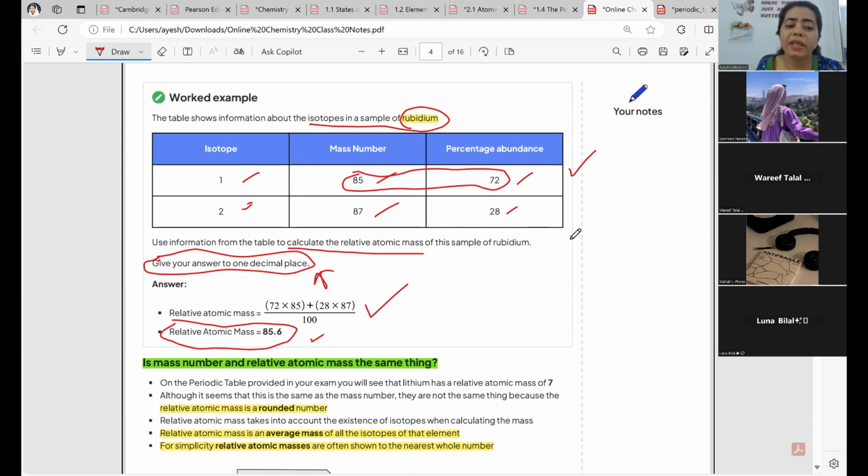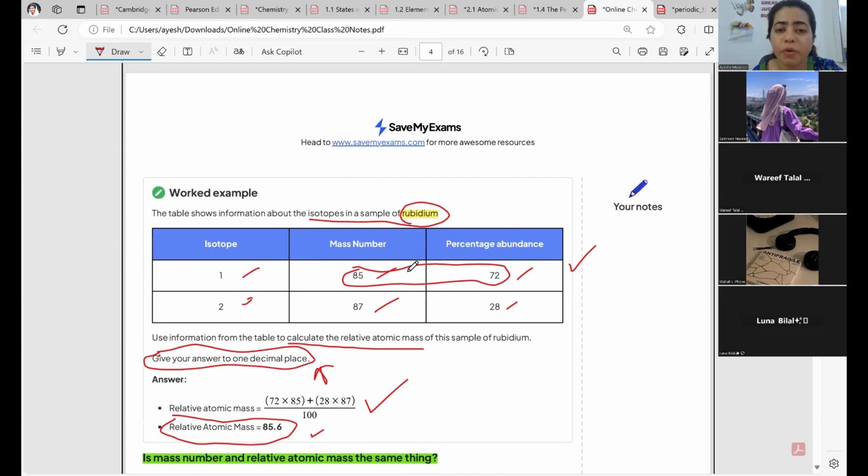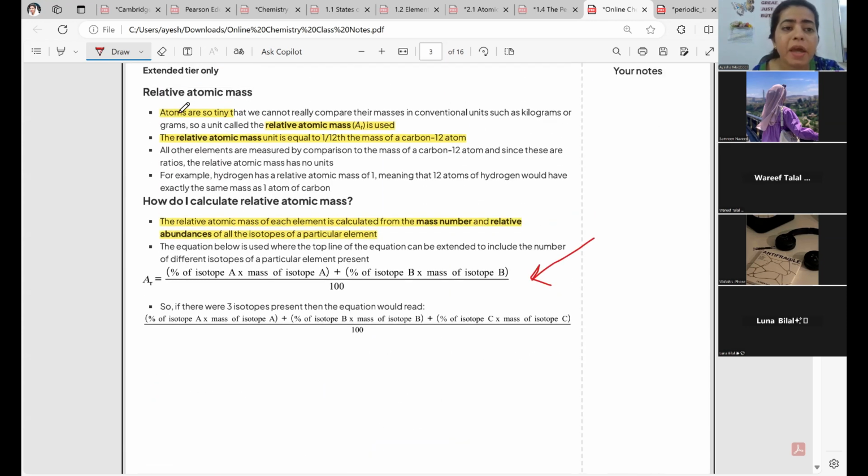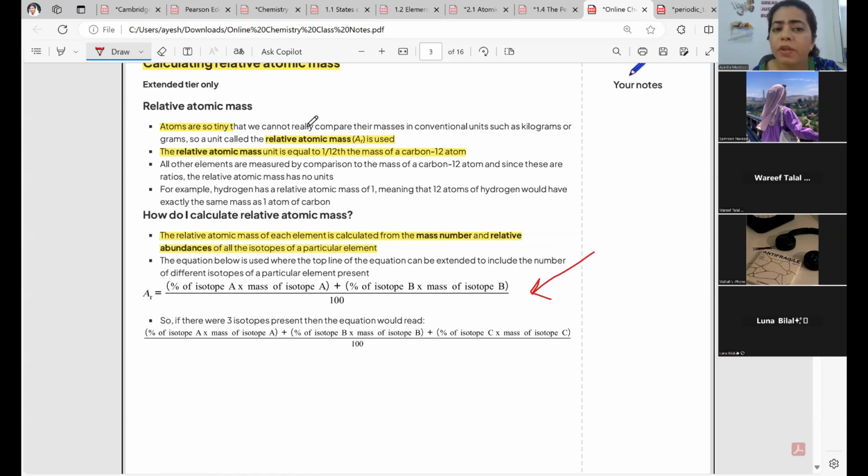So these are basically the average numbers which are written in the periodic table. Rubidium's number 85.6 is written in the periodic table. That is the average of 2 isotopes, and there is a formula to find the average. Now if we go back to the information to check, atoms are so small that we cannot compare their masses by just taking them on a simple weight scale.